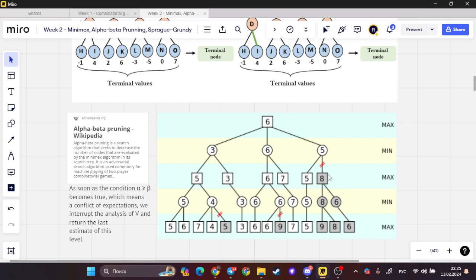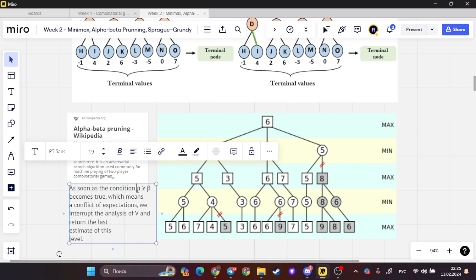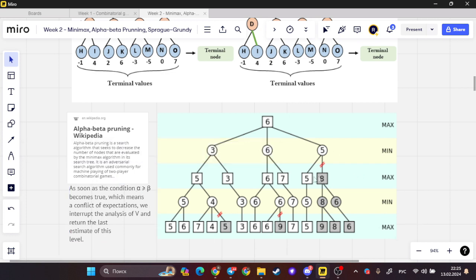That's it. We just make this algorithm. If we meet in the previous layer a value that is bigger than or equal to the value in the next layer, we just prune this edge.